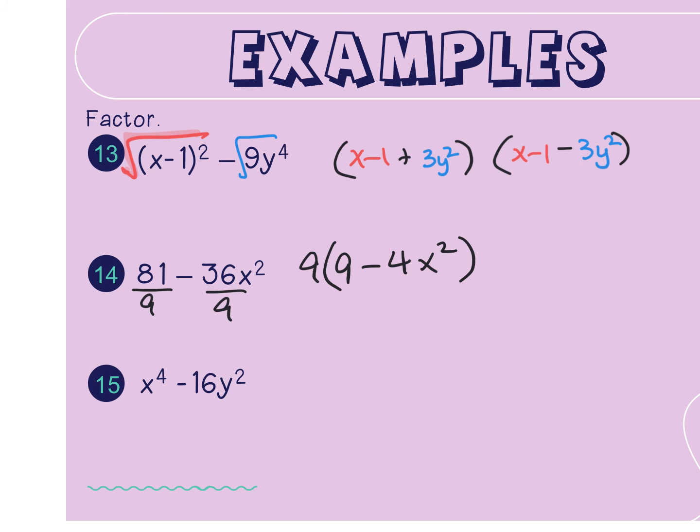And again, I still have the difference of two squares in that parentheses. So now I can keep going. Square root, square root. So again, don't forget about your GCF. Square root of 9 is 3. Square root of 4x squared is 2x. And again, one gets a plus sign, one gets a minus. And you're done.